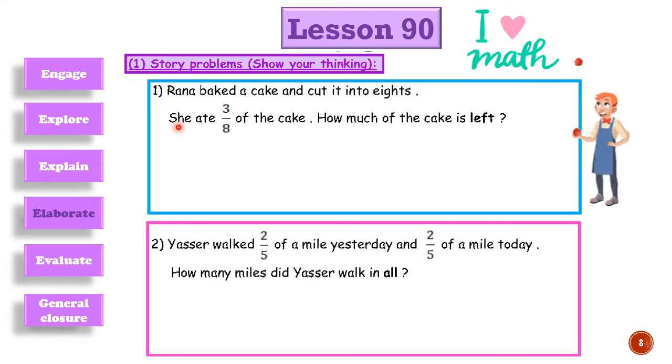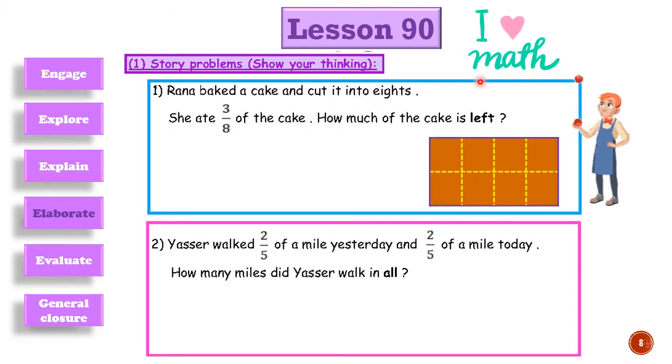Rana baked a cake and cut it into 8 equal parts like this. She ate 3/8 of this cake. How much of the cake is left? Left means I will subtract. I will take from the whole cake these 3 parts.